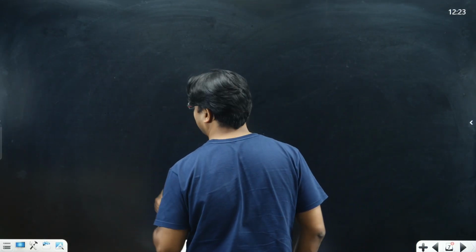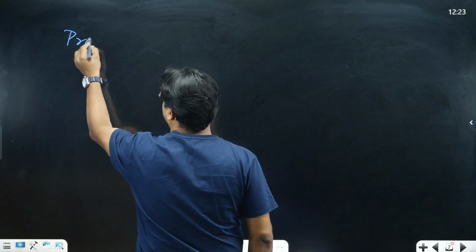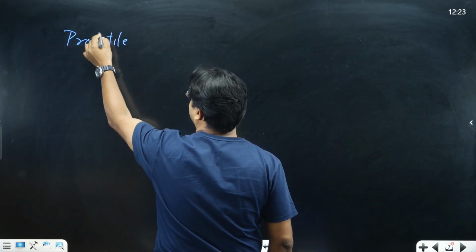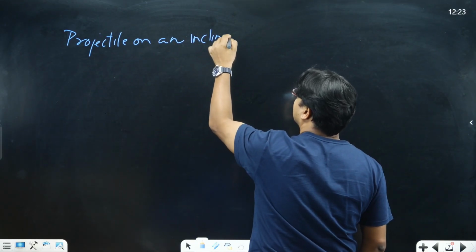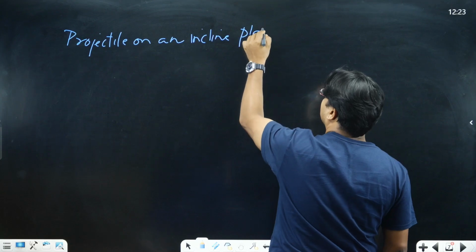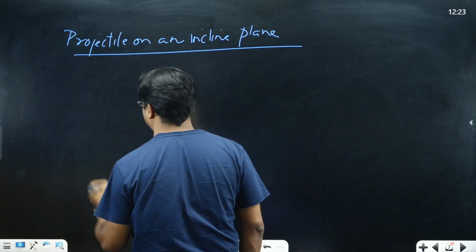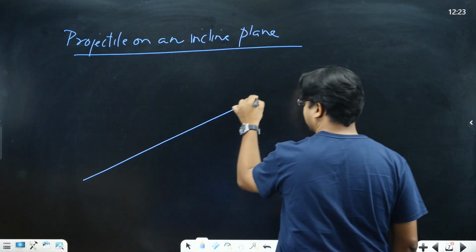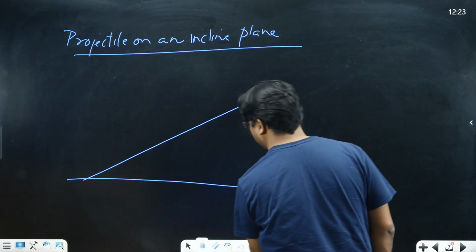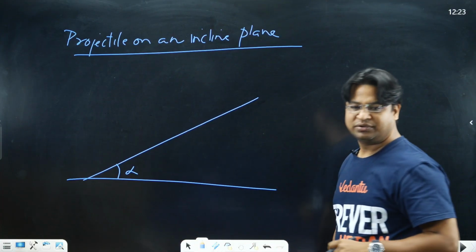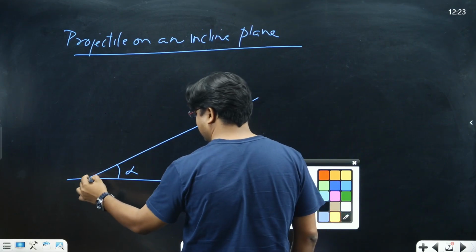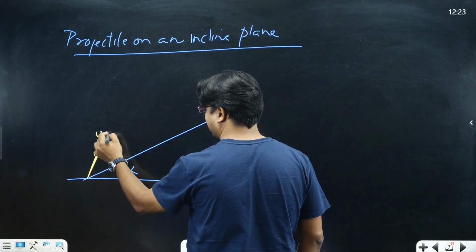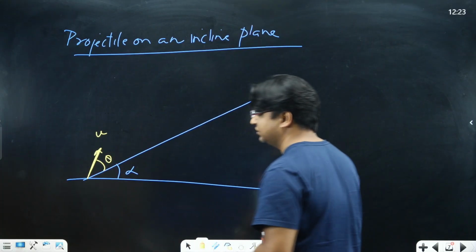Next I'm going to talk about projectile on an inclined plane. In case we have a situation like this, let's say this is an inclined plane that makes an angle alpha with the horizontal, and we are throwing something from the base of the incline at an angle theta, like this.